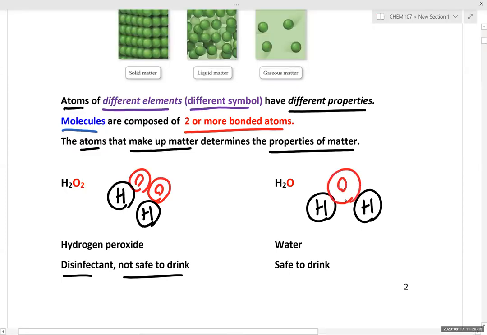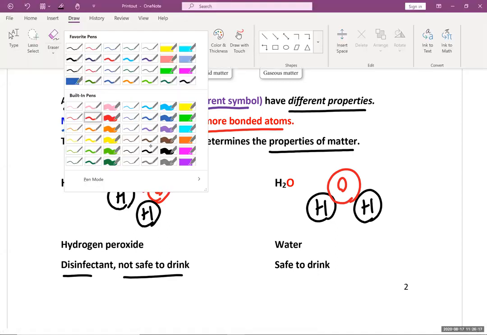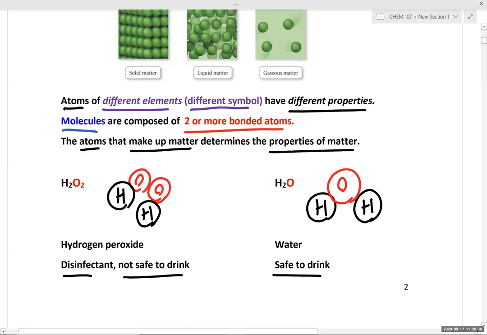And water, as we all know, is safe to drink. So the key idea I want you to remember: the atoms that make up matter determine the properties of matter. So as chemists, we're going to look at things from the atomic and micro scale perspective to understand the bulk behavior of matter that we see and interact with in our day-to-day lives.